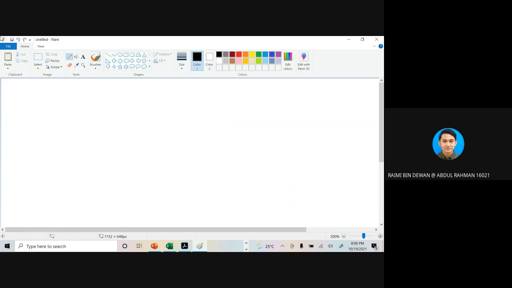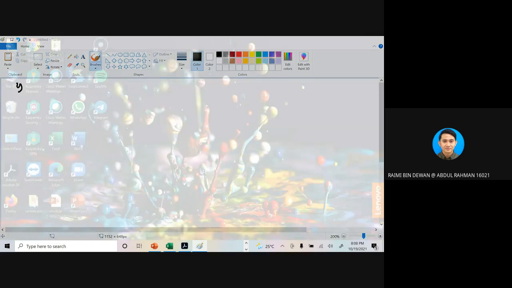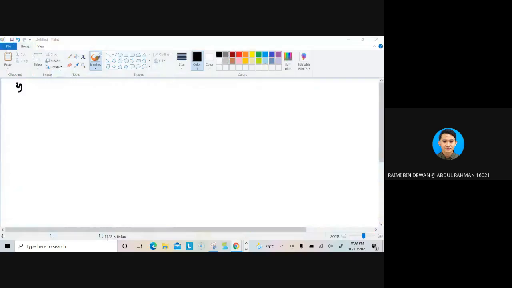I try to make my writing and sketching as small as possible, so that we can have all the information I'm trying to demonstrate on one page, and we don't need to erase or change pages.